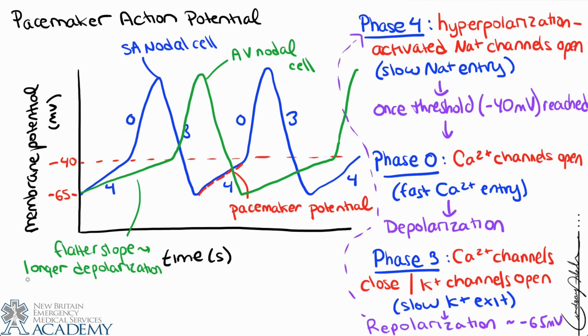So all pacemaker cells have the ability to continuously depolarize and keep this cycle going. But the reason why the SA nodal cell gets to be in charge is because it has the fastest inherent pacing rate. And there's an important concept called overdrive suppression that is very closely related to the differences in the inherent pacing rates of the different ectopic pacemakers as well as the SA and AV nodal cells.